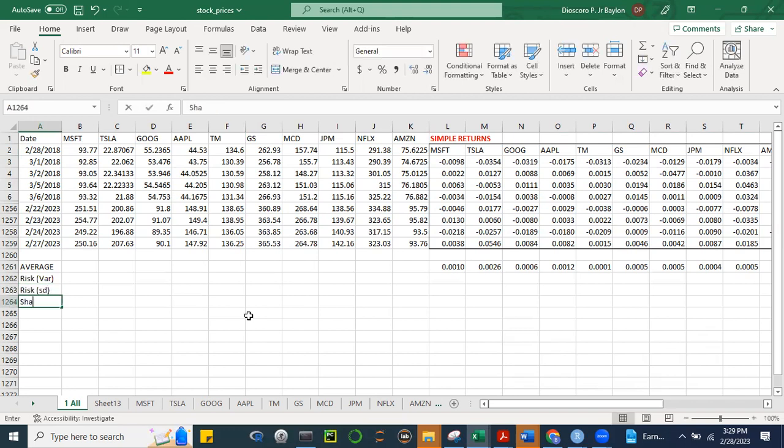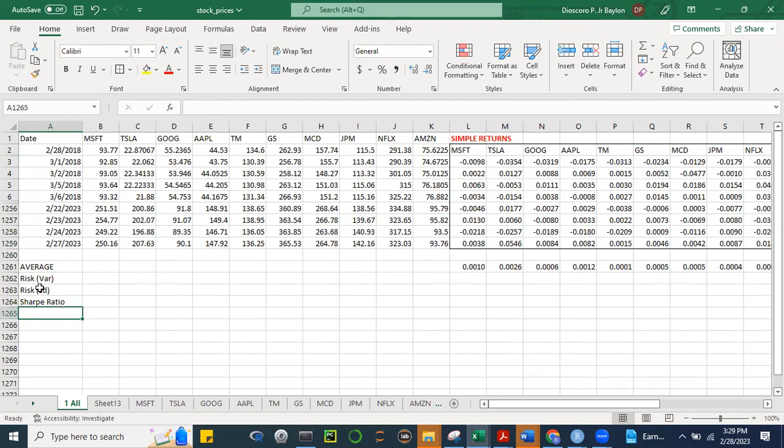And then we have here the modified Sharpe ratio. Okay, so how do we compute for the variance? So we need to compute for the variance of the returns, no? Yung returns ang kino-compute natin, average ng returns, variance ng returns.